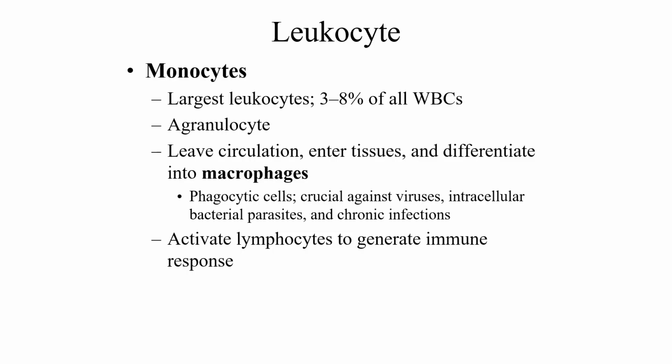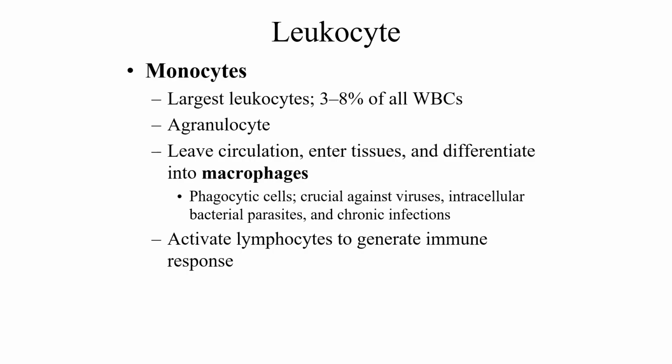Now, before we move on, I want us to recap what we've touched on. There are two different groups of leukocytes. We have our granulocytes, and that includes our neutrophils, our basophils, and our eosinophils. We have our agranulocytes, a meaning not or without, so they don't have granules in their cells, and those include our lymphocytes and our monocytes.